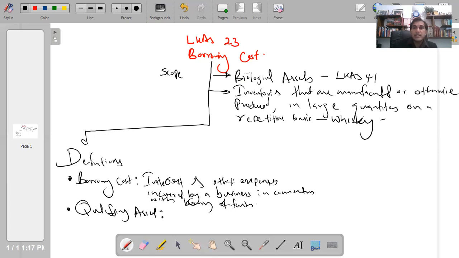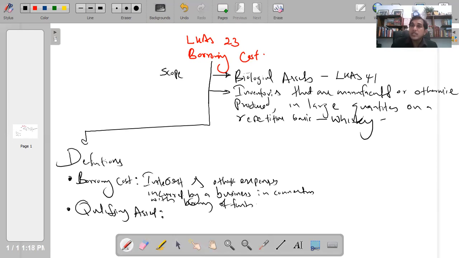For an instance, in most cases, entities are obtaining loans. Sometimes entities are manufacturing or constructing some qualifying asset. I will explain what a qualifying asset is. Those projects are financed by borrowings or loans.